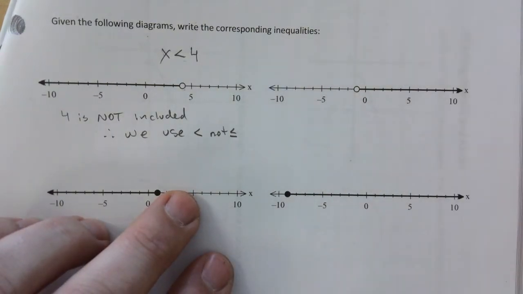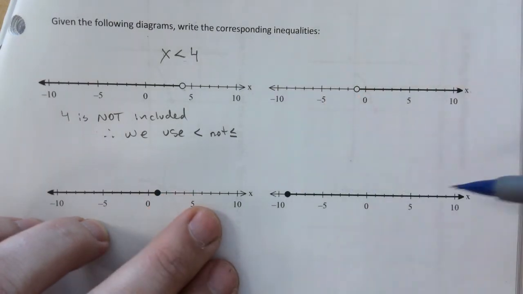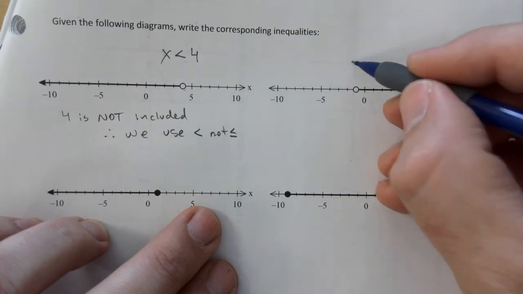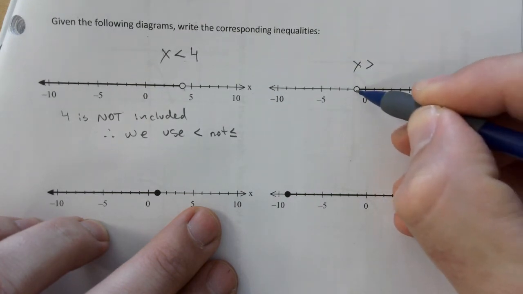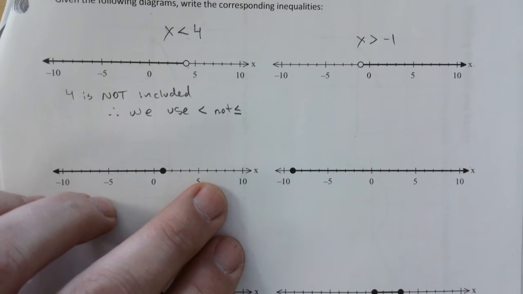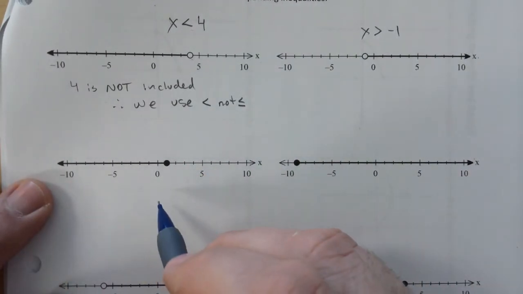Here, and I'm using X, by the way, because all of these have X's on them, okay? If that letter had been Z or Y or whatever, you use the letter that goes with it. So now we have X is greater than, not including, and we are at -1. We put that down. Here, it's also not contained.